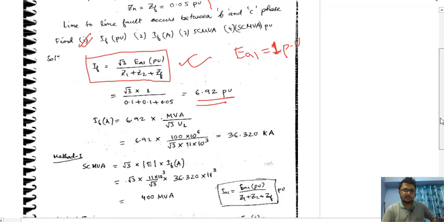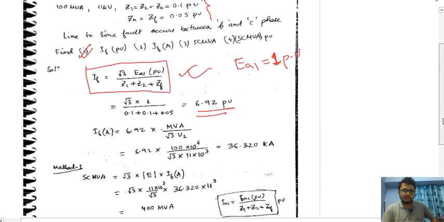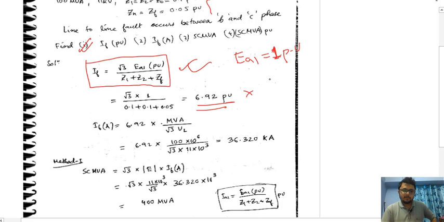But the first value they want is per unit only; the second part is fault current in ampere. So per unit value into MVA divided by root 3 times VL, the line voltage. It is in 3 phase, which is why this is the formula.